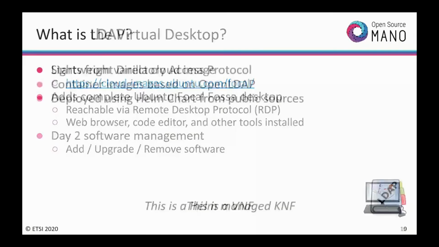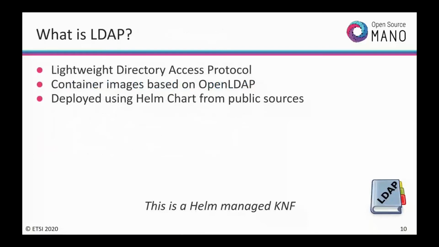So, LDAP. This is the Lightweight Directory Access Protocol, which is a hierarchical database for user management. You're going to be able to add and remove users from it and change passwords. It's a relatively simple thing. LDAP uses its own set of commands and its own set of tools for infrastructure management.